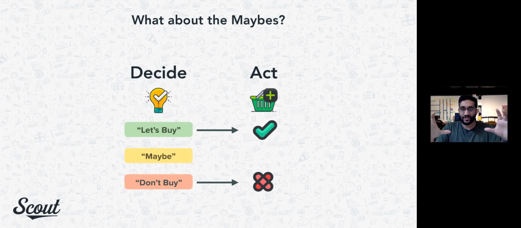The clear action for a let's buy customer, right? They're in the decision making, they've decided, yes, let's buy. The action is easy for them to see. The action is click add to cart. If somebody decides that they want to buy, it's clear that add to cart is the option to take. That's the action.